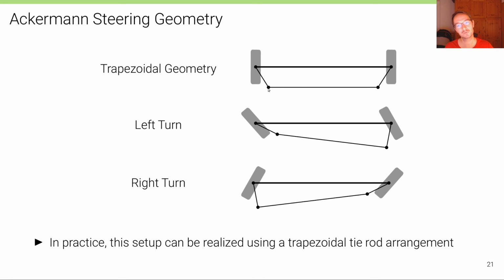And if you now move this arrangement a little bit to the right, you see that the left wheel turns much more into the left direction than the right wheel. And if you move it to the left, the opposite happens. The left wheel steers less into the right direction than the right wheel. And this is how the Ackermann steering geometry that fulfills these constraints of the kinematic model can be implemented.